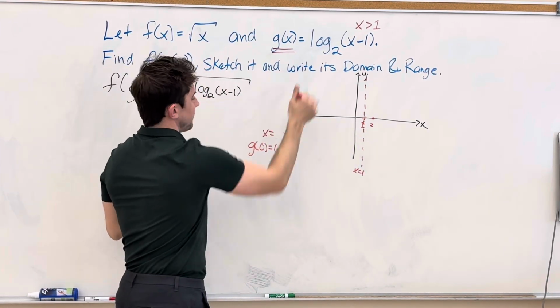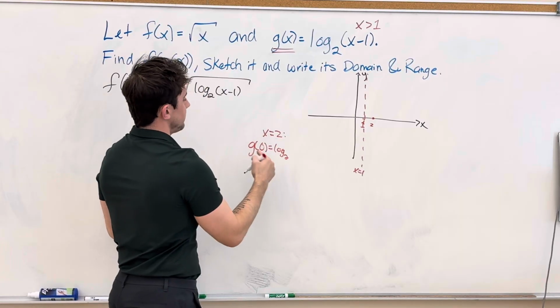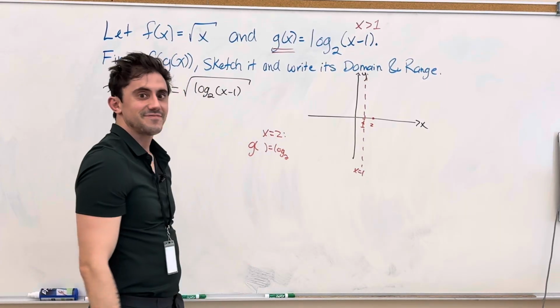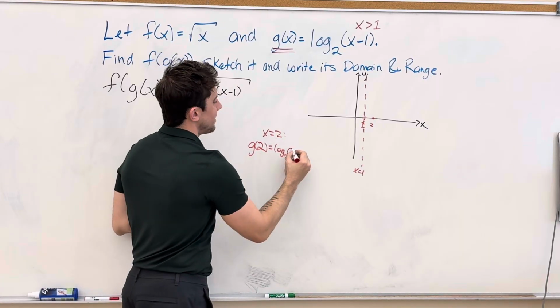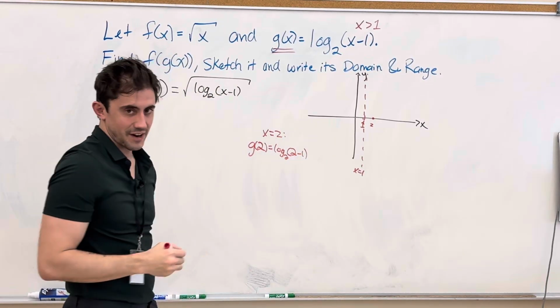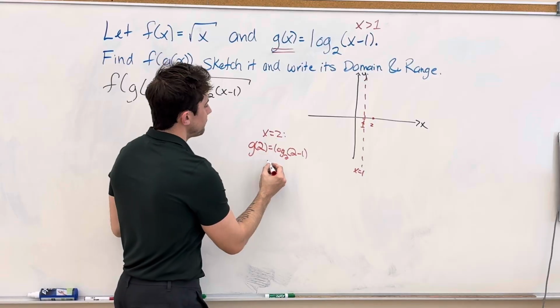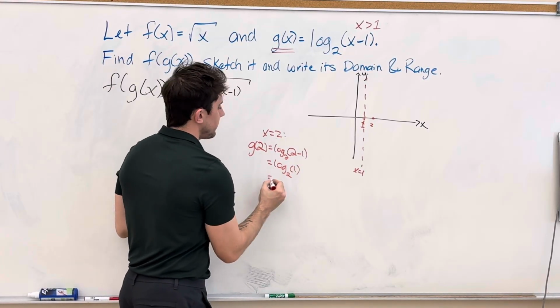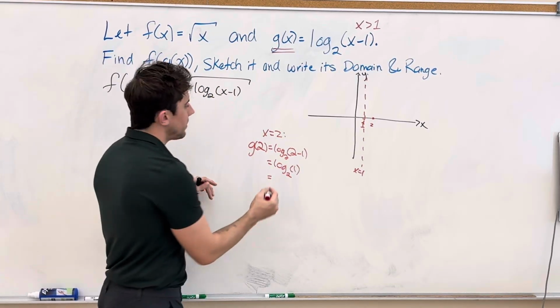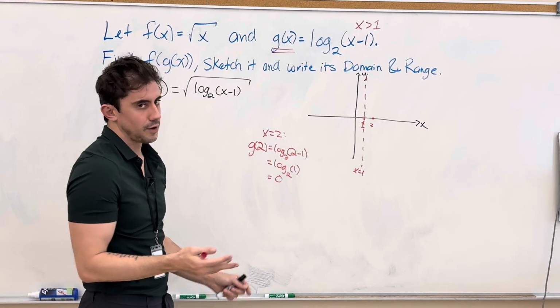Let's plug that into g of x. If x is 2, then g of 2 is the log base 2 of 2 minus 1, right? Just plugging an x value of 2 in, which is the log base 2 of 1. And what is the log base 2 of 1? That value is 0. Apologies.